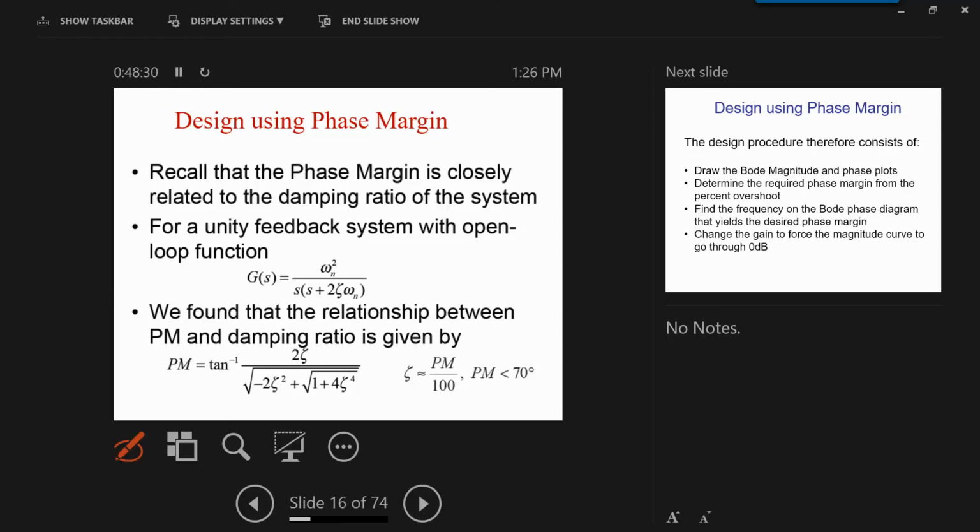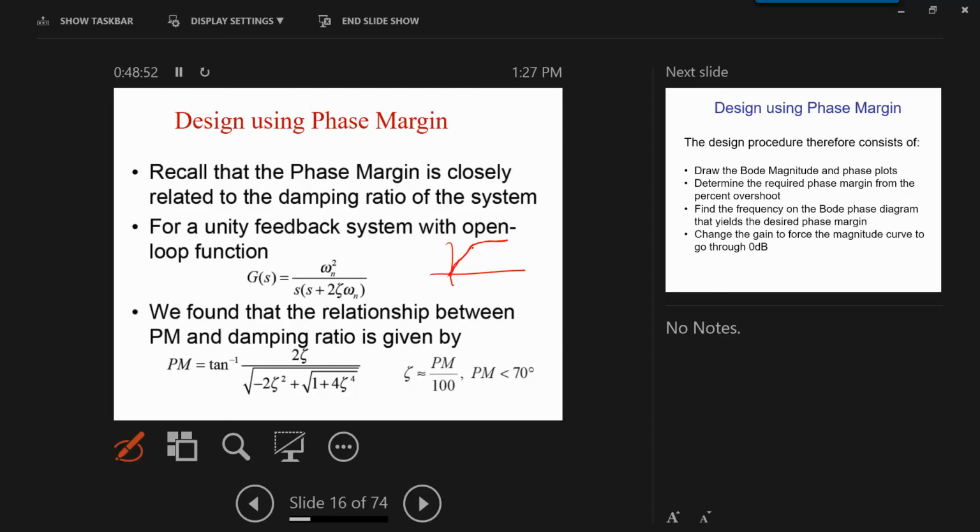Now, if you remember last lecture, I gave you the relationship for the phase margin and I showed you a plot, right? And the plot was something like this, okay? So the plot was for the phase margin. It curves and it goes like this.